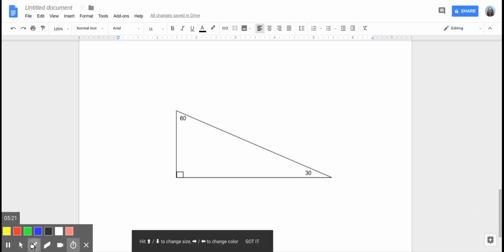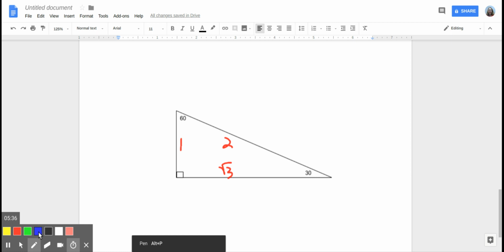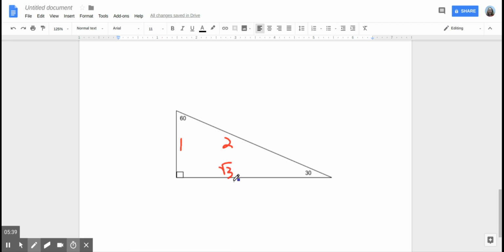Let's take a look at one more. Put my ratios on here first. 1, radical 3, and 2. And this time, let's say that our longer leg is 18.